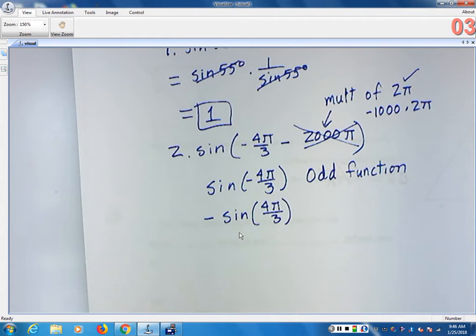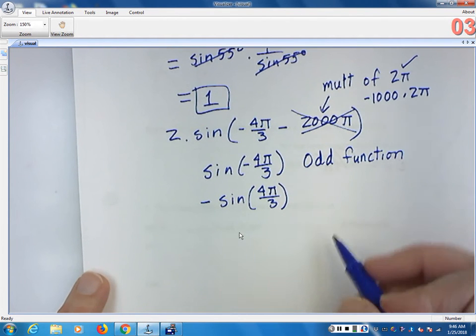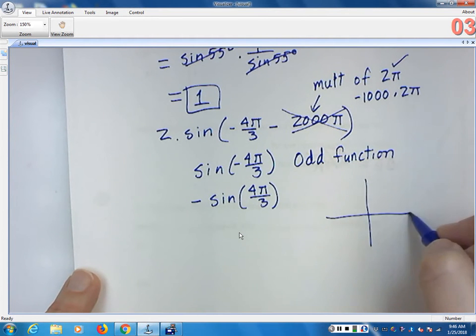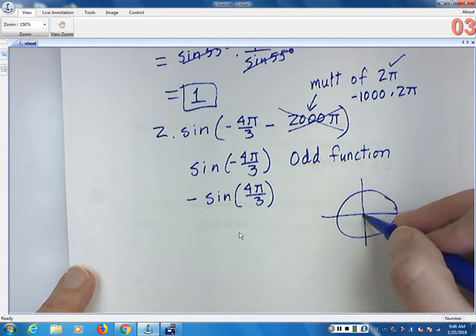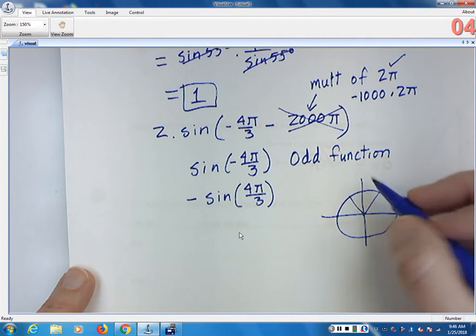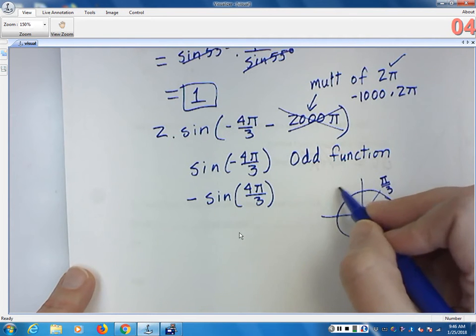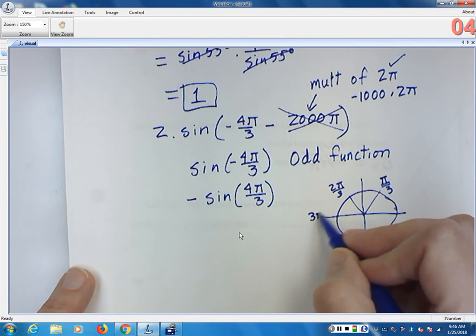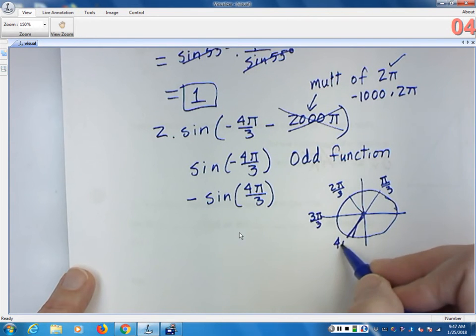All right, and then we draw a picture of where 4 pi over 3 is. You have to be able to count in pies. There's 1 pi over 3, 2 pi over 3, 3 pi over 3, 4 pi over 3.